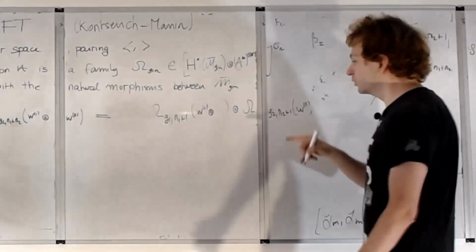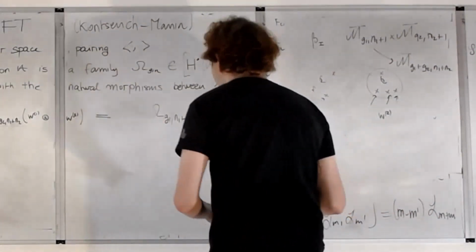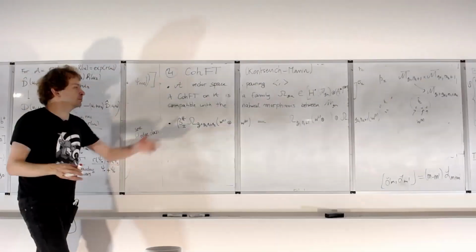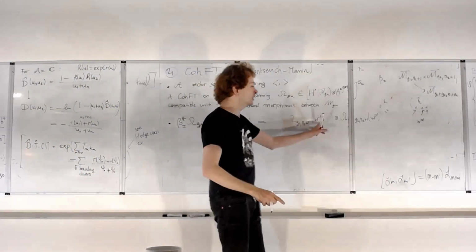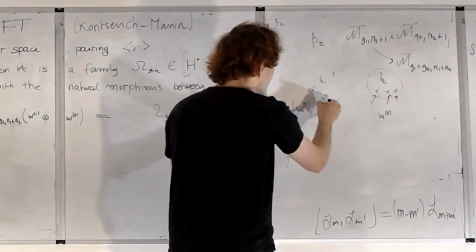And here I have to say what I insert. Good. So I could ask whether it's true or not, it depends on your omega. I could ask that when I pull back this, I should exactly get this. But what do I put here?